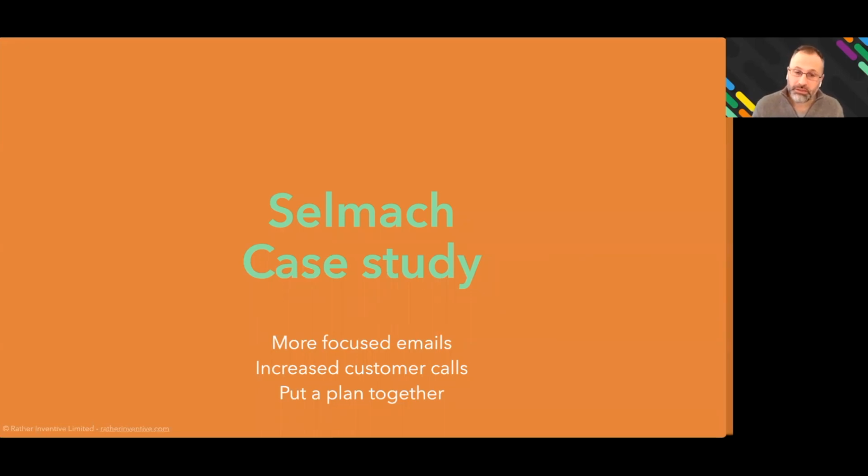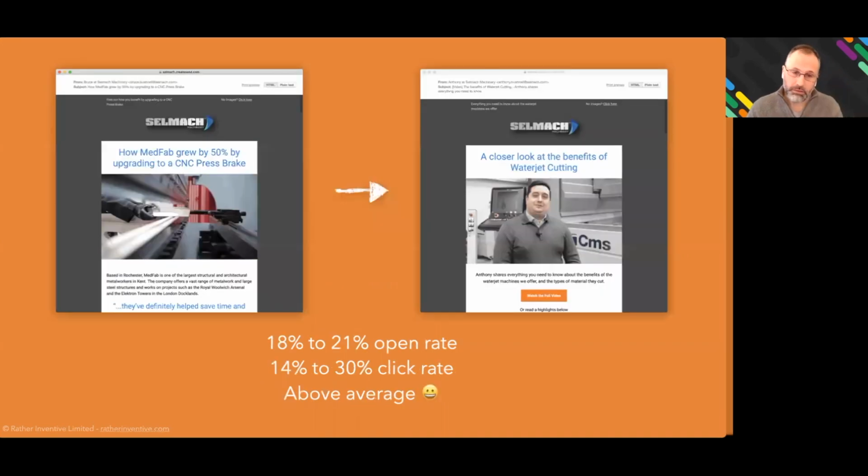So the first thing we needed to do was take a step back and put a plan together and think about who we were trying to target, what the benefit was to them, and then what content we needed to put in to meet those first two criteria of who it was and what benefit they wanted. Once we did that, these were the results. On the left, we've got one of the first few campaigns we were sending, which was more of a case study based campaign.